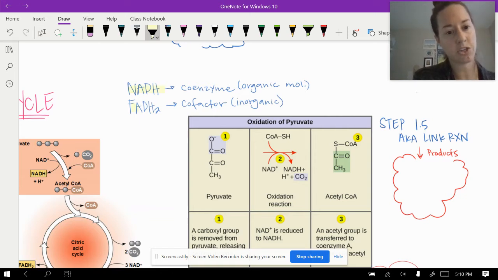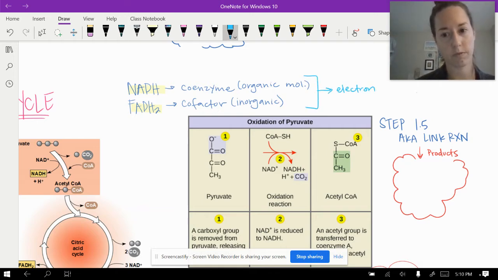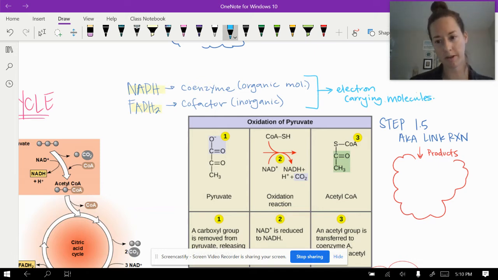So NADH and FADH2 are both just electron carrying molecules. That's their main purpose. They're going to be really important for getting your electrons to the electron transport chain, which is where the most of your energy is going to actually be produced.